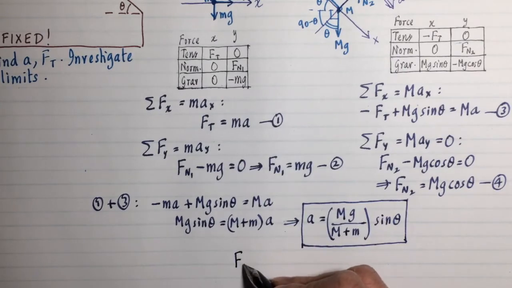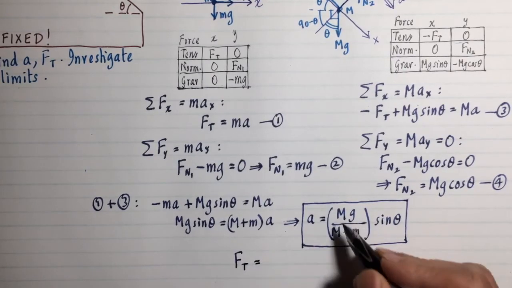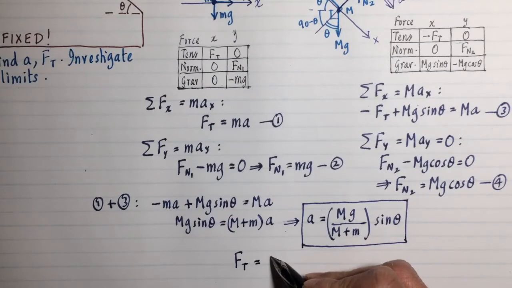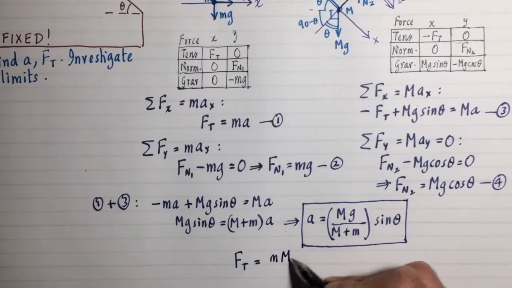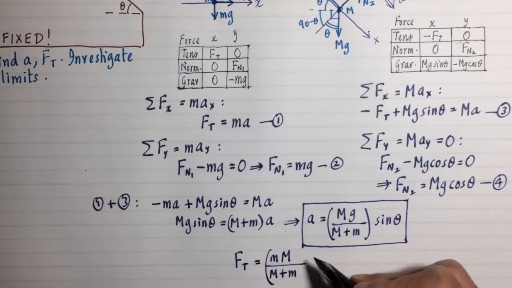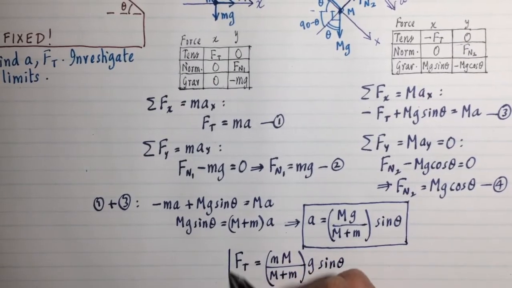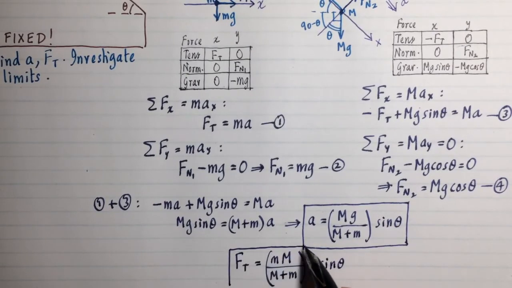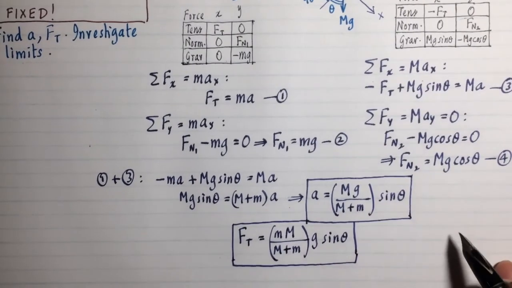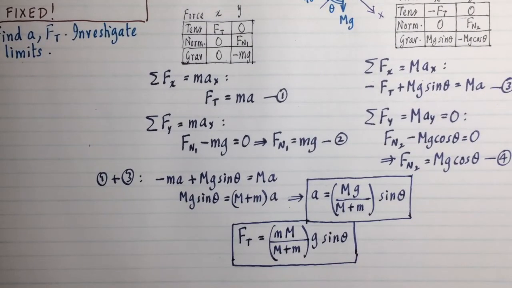So F sub T is equal to m times a, so that gives me little m times capital M over (M plus m) times g sine theta. I have purposely put this quantity, the product of the two masses divided by the sum of the two masses, in a separate parenthesis because it's a very important quantity in two-body problems involving Newton's second law.